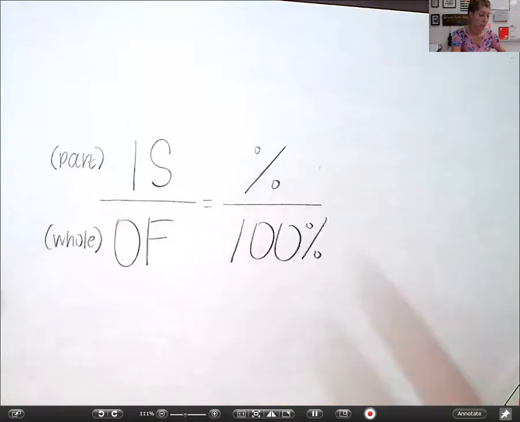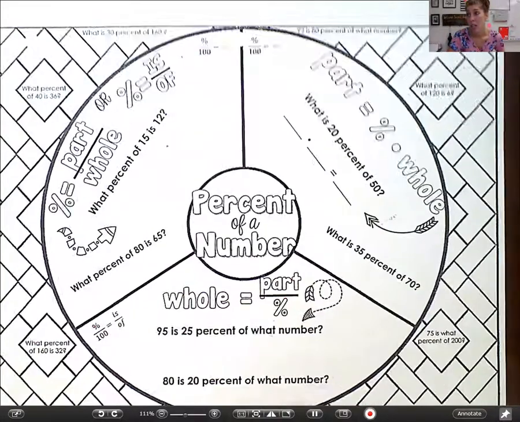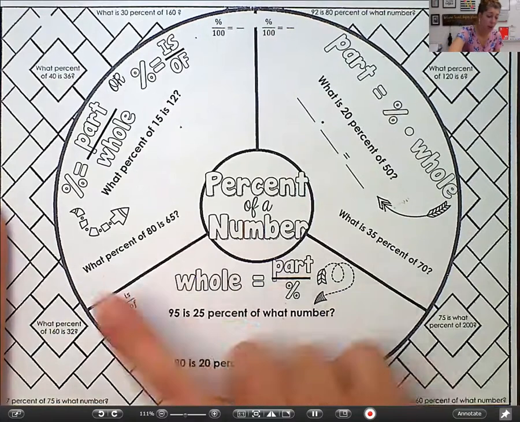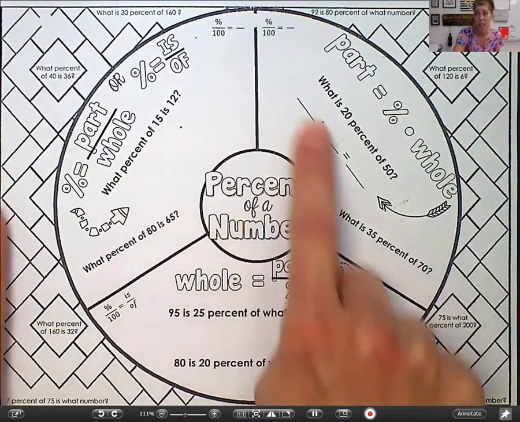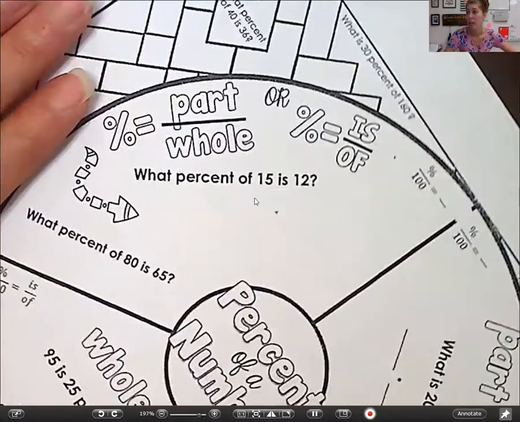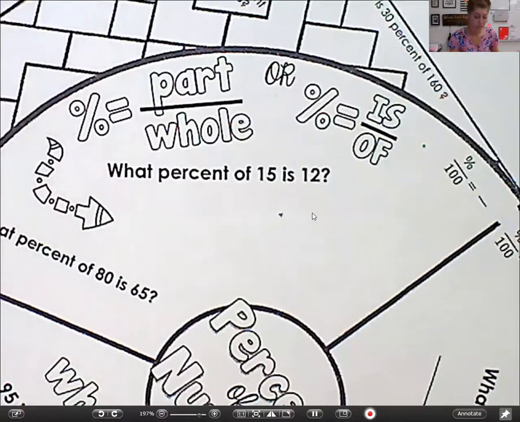Okay, now I'm going to flip this over and it's going to look kind of overwhelming, but I have this amazing graphic organizer where it has all the different styles of these questions. Okay, here's what I mean by that. Let me go to just this first pie slice for you guys and zoom in here. Okay, so this first question, I'm going to color code here.